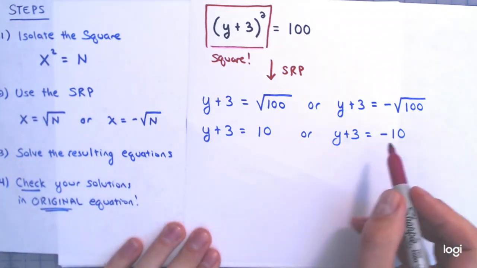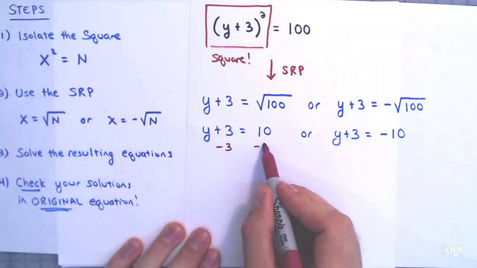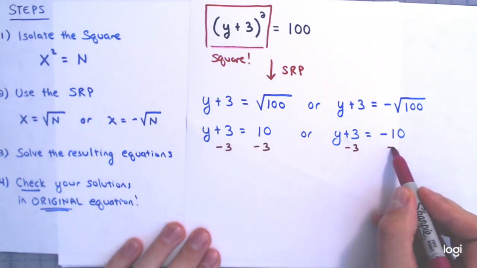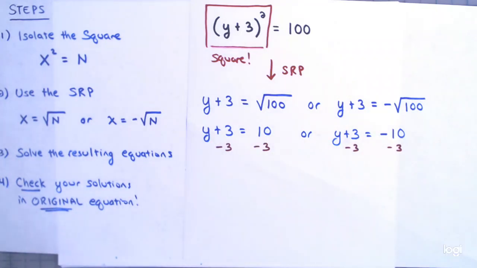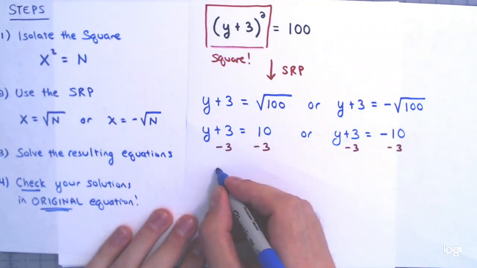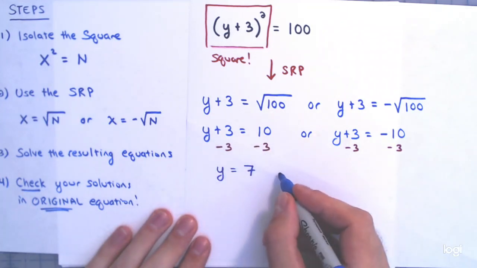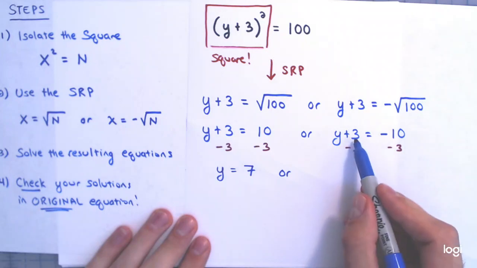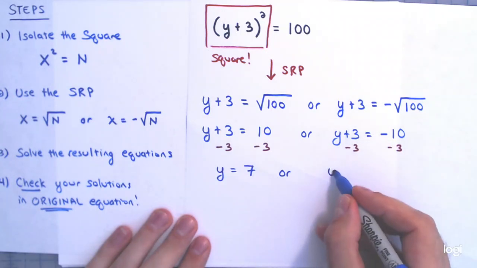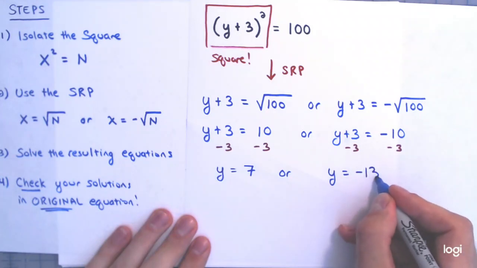In both of them, to get y alone, I would simply subtract 3 from both sides. So I'm going to do both of them at the same time here. This left equation, we get y equals 10 minus 3 is 7. Or, this right equation, y equals negative 10 minus 3, negative 13.